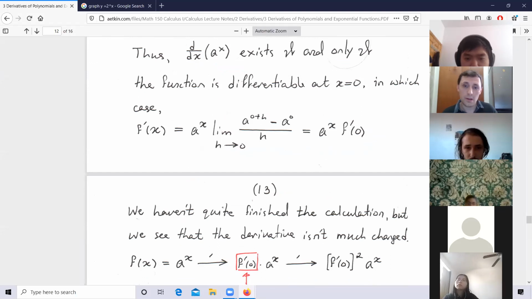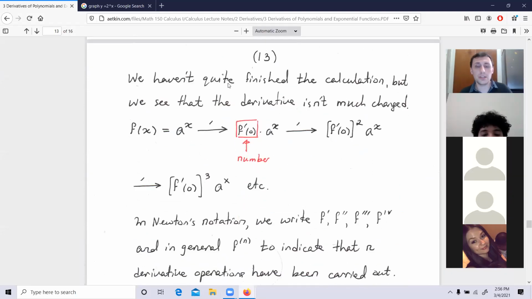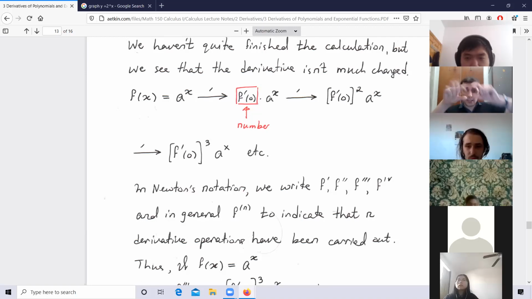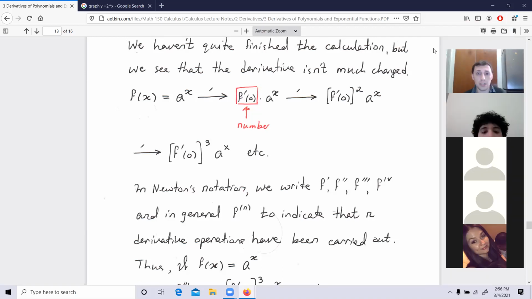Good? Now, because we have technology, we have electronics. Okay, first, before we actually use electronics, you understand that if I continue taking derivatives by using the fact that I can move the derivative past the scalar, do you all see that I will get this situation? Derivative of a to the x, I get one copy of f prime of 0. Take the derivative again, I get an extra copy of f prime of 0. Do you see that?